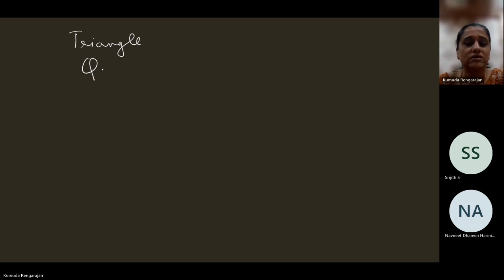Then we understood the classification of polygons. A polygon with 3 sides is called a triangle. A polygon with 4 sides is called a quadrilateral. A polygon with 5 sides is called a pentagon.